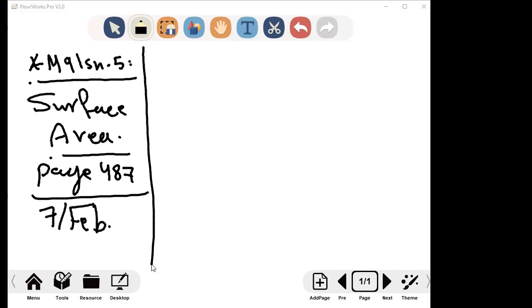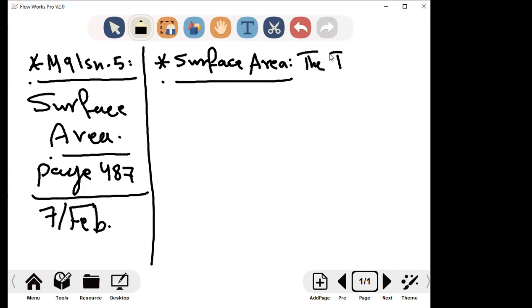Now we'll start with the rectangular prism. How to find the surface area? First of all, the surface area, what is it? It is the total area of all the faces of the 3-dimensional figures.